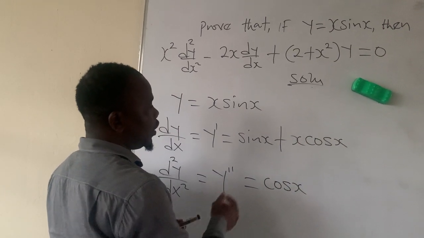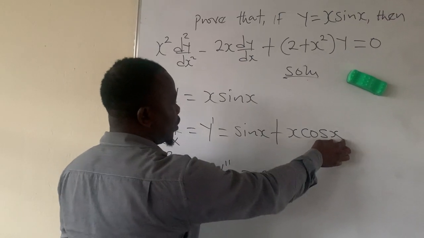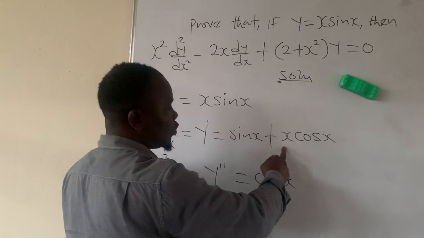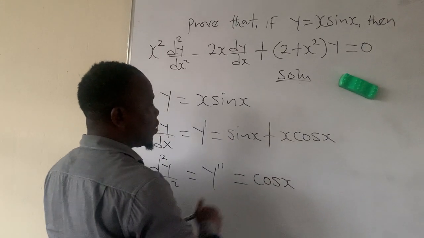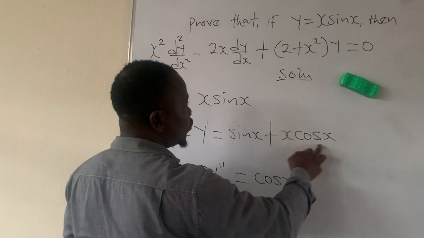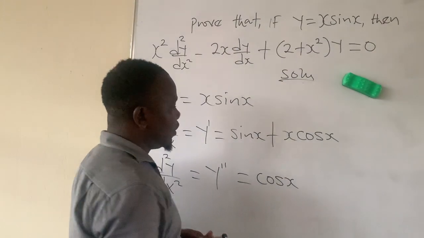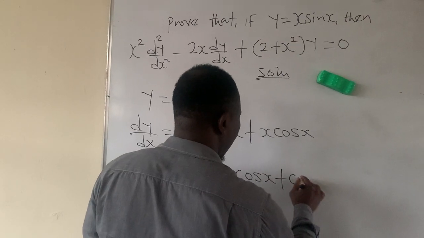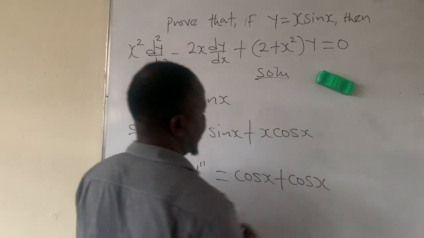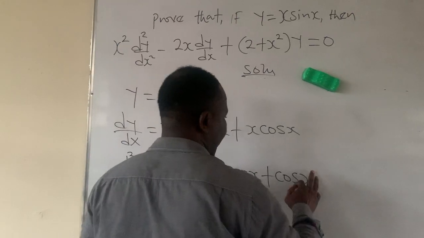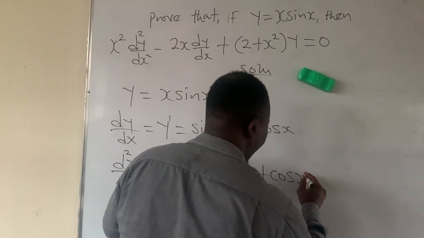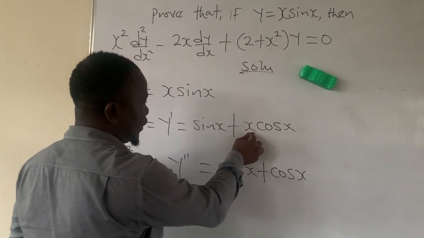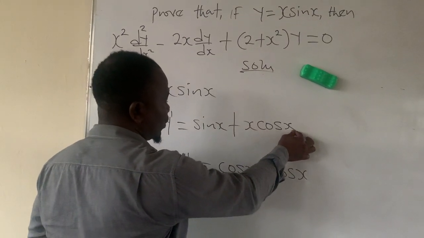So if we hold cos x constant, and differentiate x, we are going to have 1. Then use the 1 to multiply the constant, which is the cos x. It means we are going to have plus cos x. Then we are going to hold x constant, then differentiate cos x.